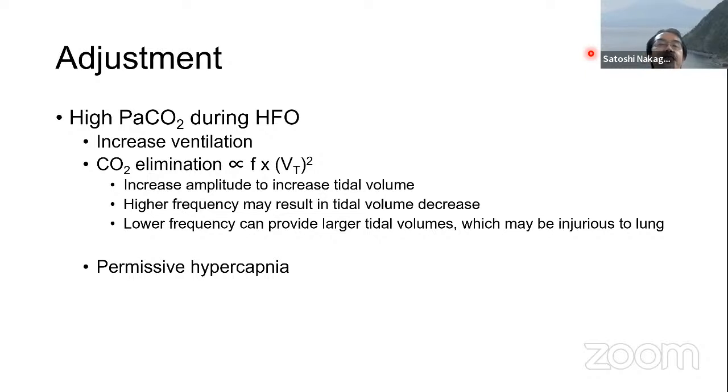However, as you have already seen in the animal study from China, using a lower frequency with a higher tidal volume, even with high frequency oscillation, may provide a lung injurious strategy. So we may end up with permissive hypercapnia in the management.